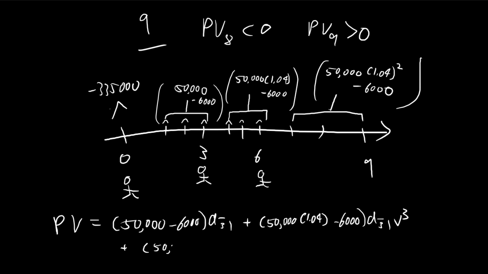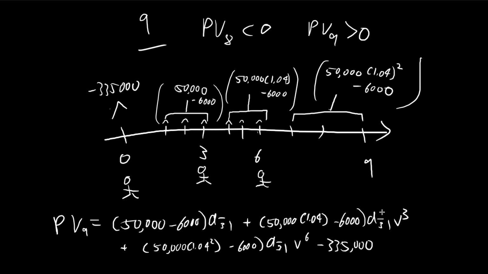We just apply this formula, minus 6,000 A3. And this expression is what you have when you're standing at time 6. Bringing it back to time 0, we multiply by v to the power of 6. And then don't forget there is also the initial outlay. So this is the present value at time 9.